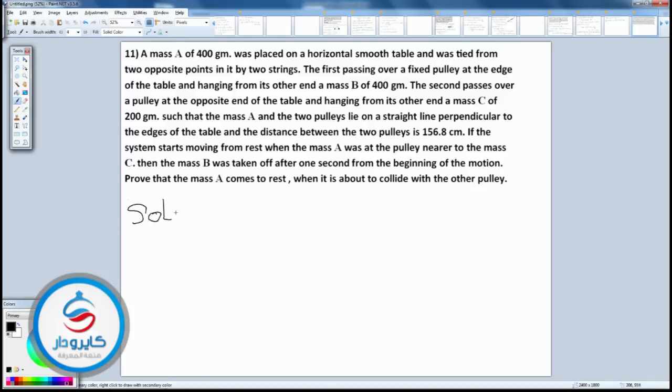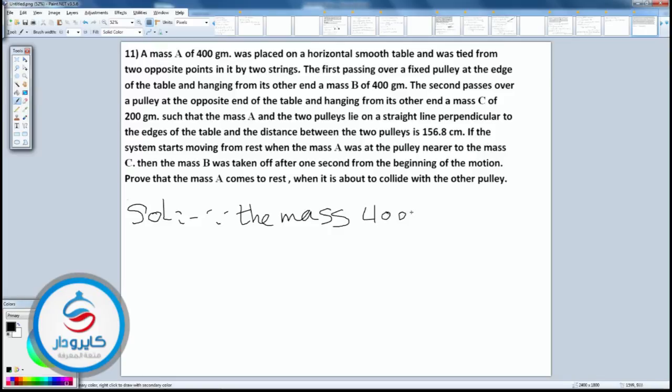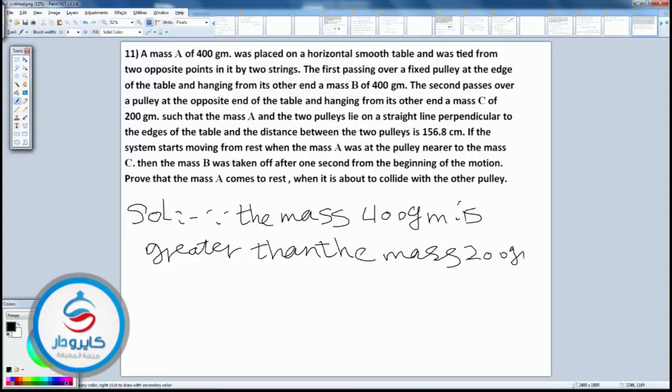Solution. Since the mass 400 gram is greater than the mass 200 gram, therefore the system moves in the direction of the mass 400 gram.